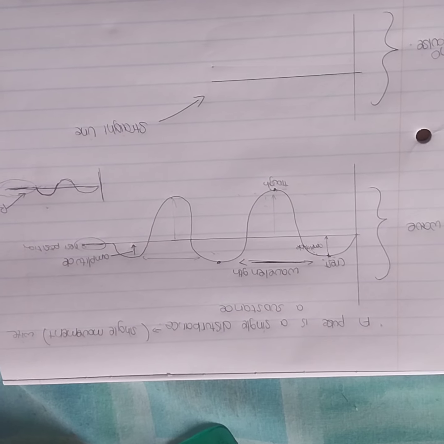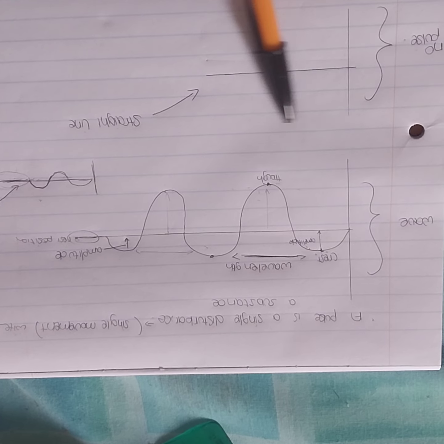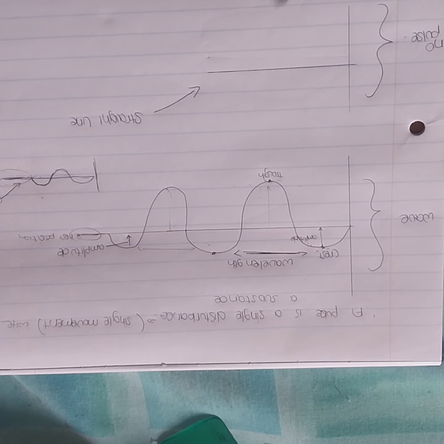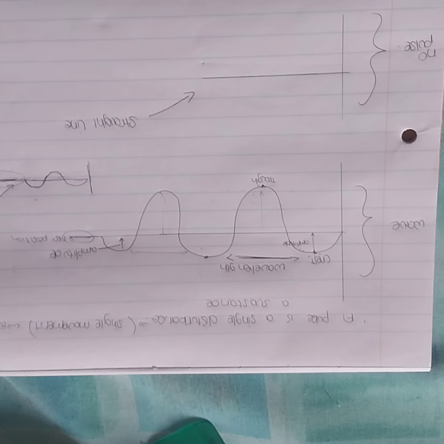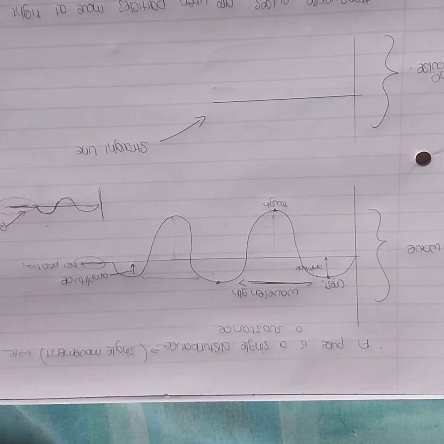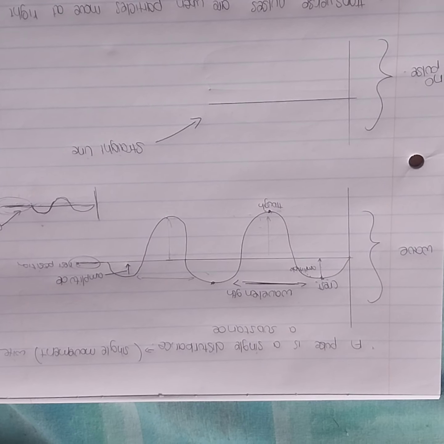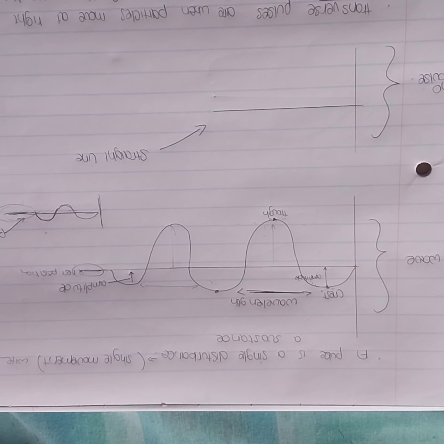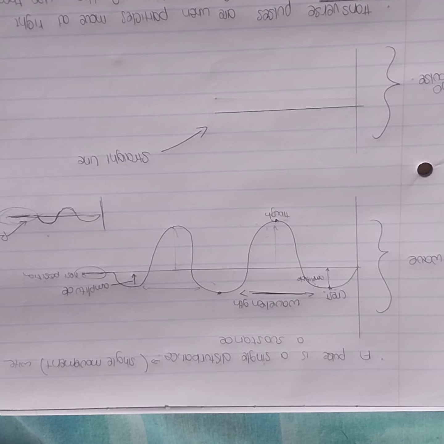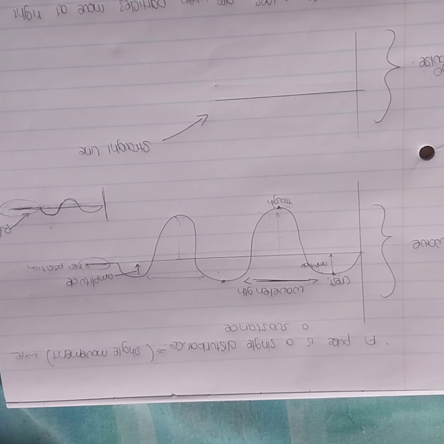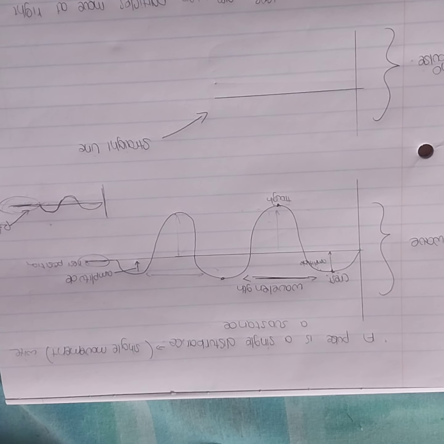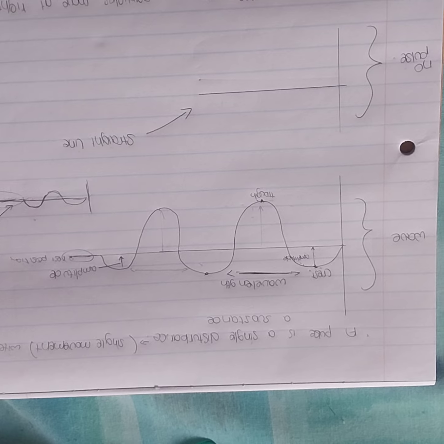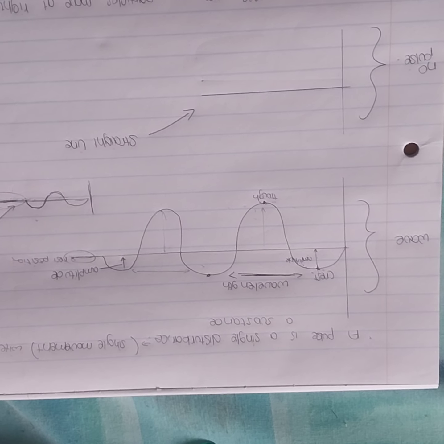Now, moving onwards, this over here is a straight line. Some of you may or may not have understood what I meant by disturbance. A disturbance is what causes the movement of pulses to occur.